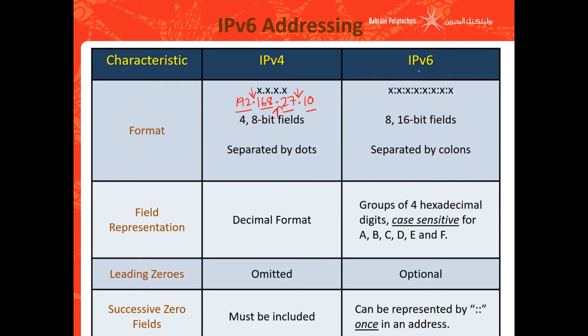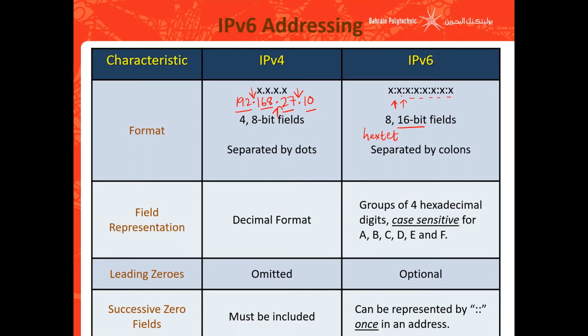But when we come to IPv6, we have 8 hextets, like I said before, and each of those 8 hextets has 16 bits. Each of these hextets is separated using colons, so you have 7 colons: 1, 2, 3, 4, 5, 6, 7.